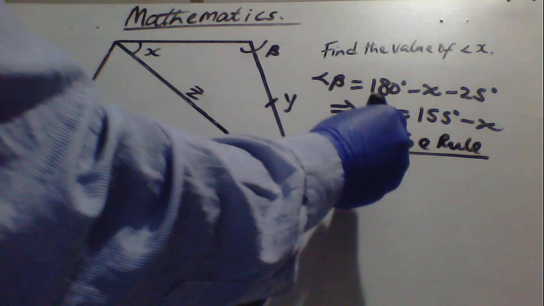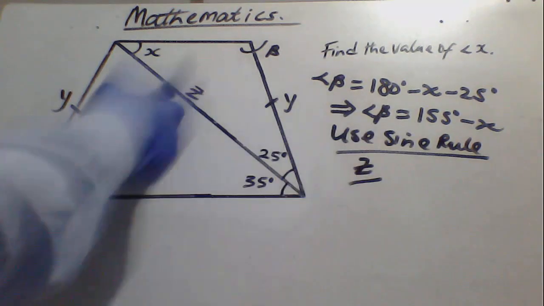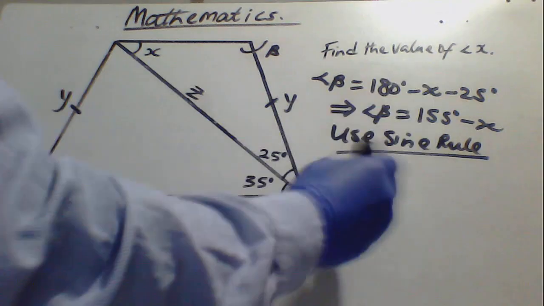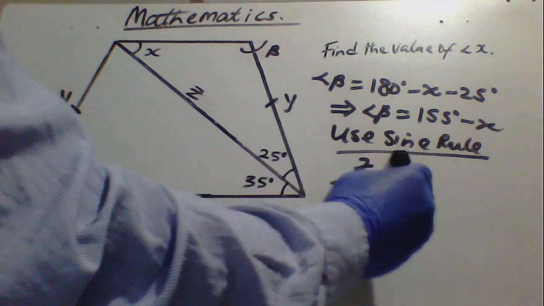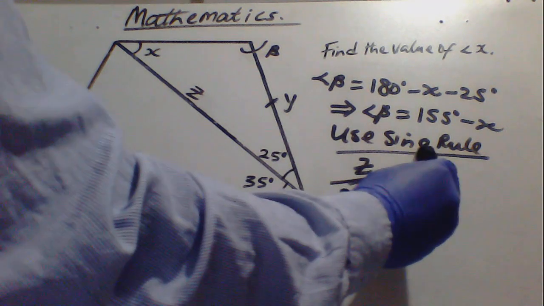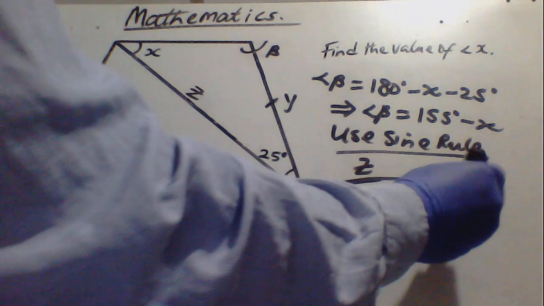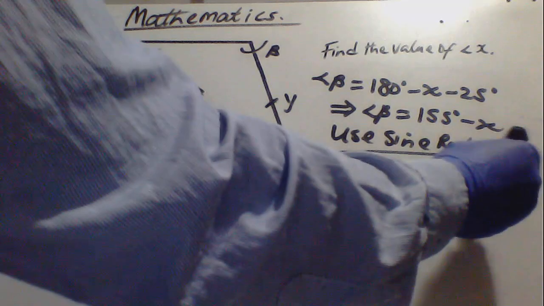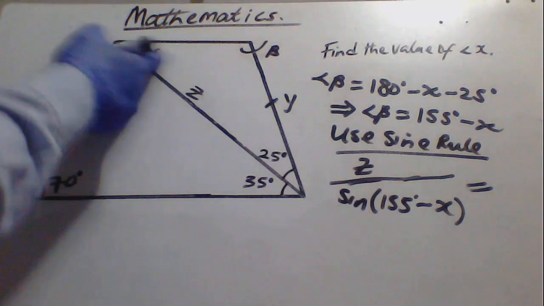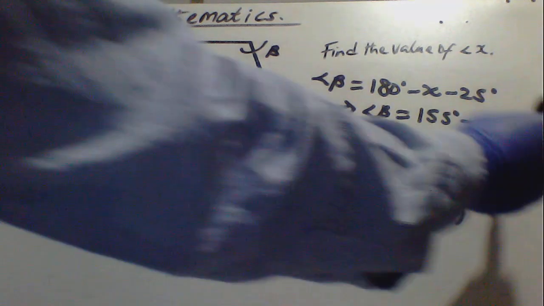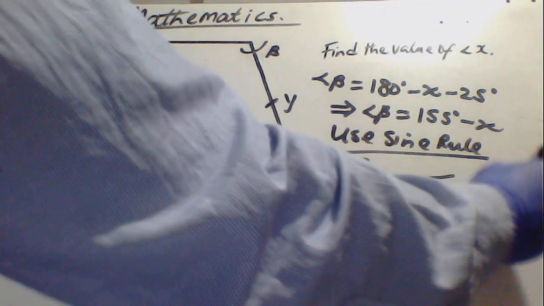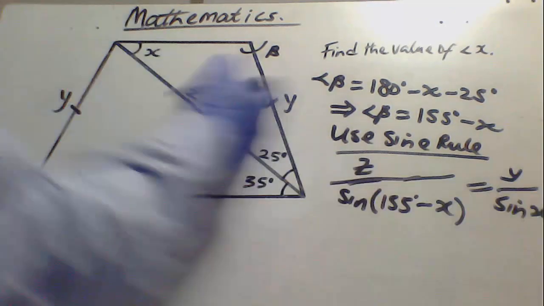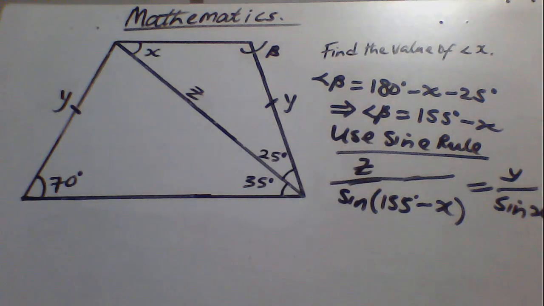So from sine rule, we have z over the sine of the angle facing it, which is 155 minus x, and then y divided by the sine of the angle facing it, which is angle x.